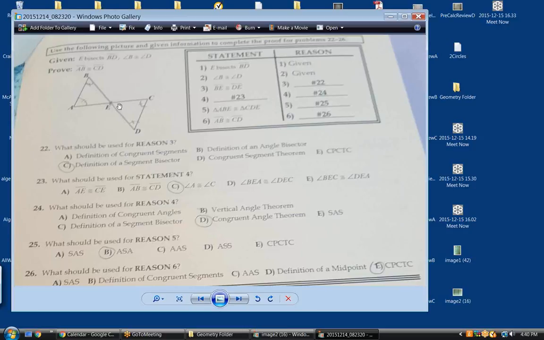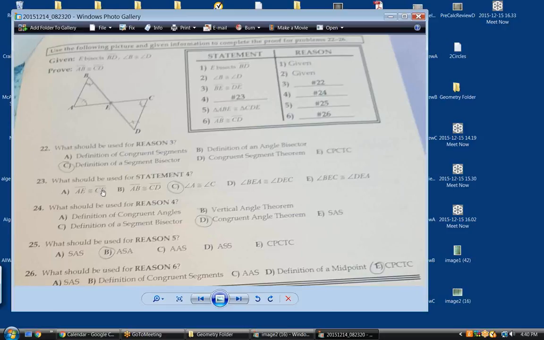Because now we have angle, side, angle equals angle, side, angle. So number 4 is not going to be angle A equals angle C, because we don't know that.